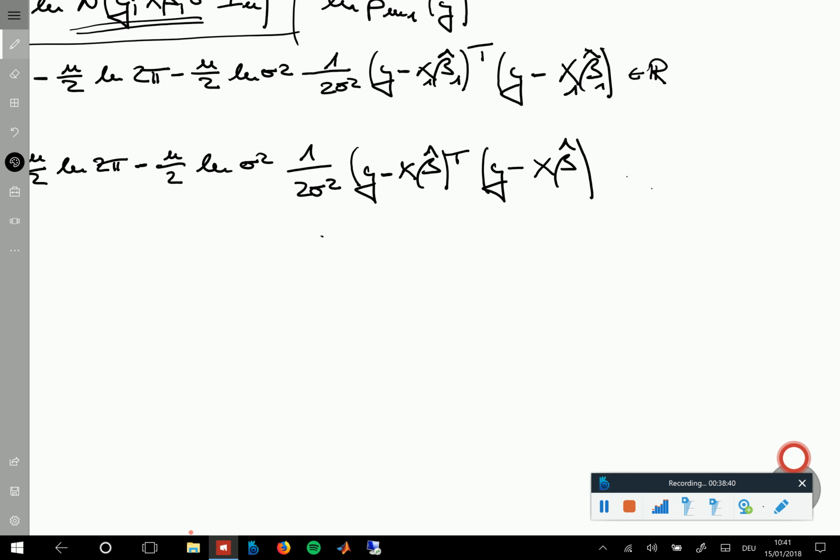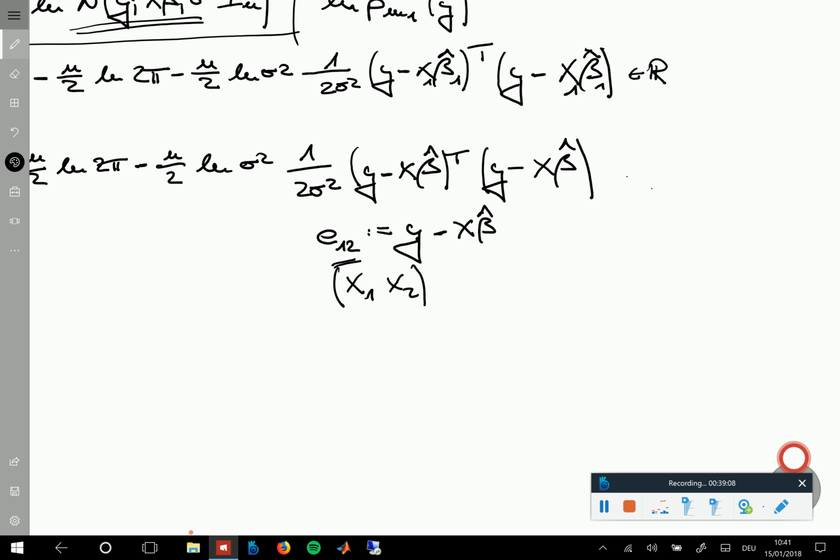So if one defines e12 as y minus x beta hat, which is just the deviation of the data from the prediction of the full model, hence 1, 2. So this 1, 2 is for this x1, x2.